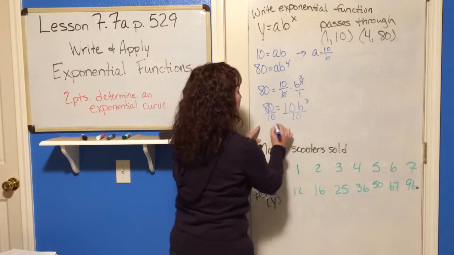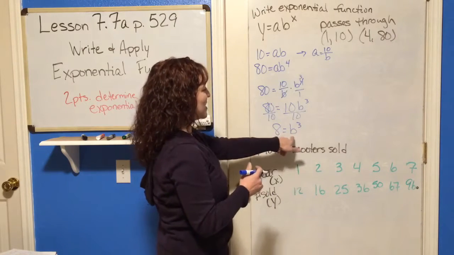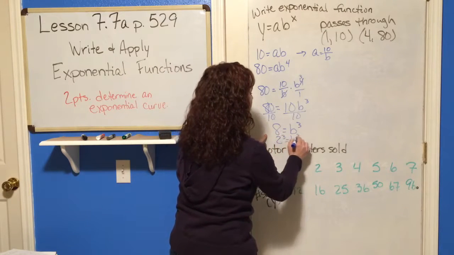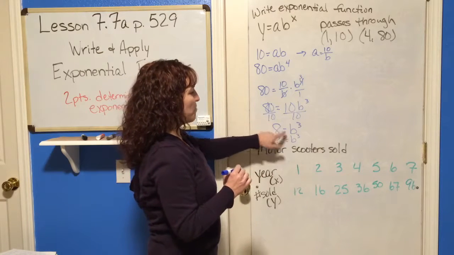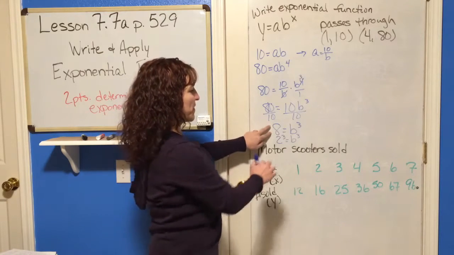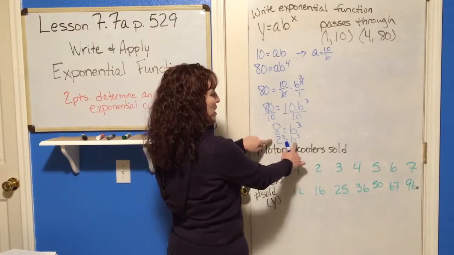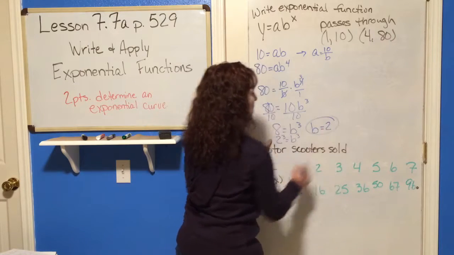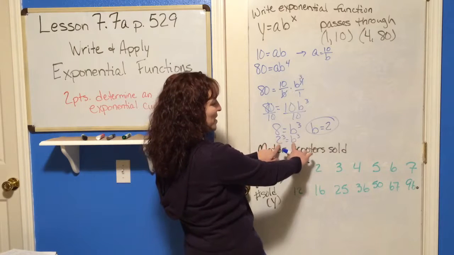So 8 equals b cubed, and I can see that 2 cubed equals b cubed, breaking 8 down into its factors. Because the exponents are the same, the bases must be the same.